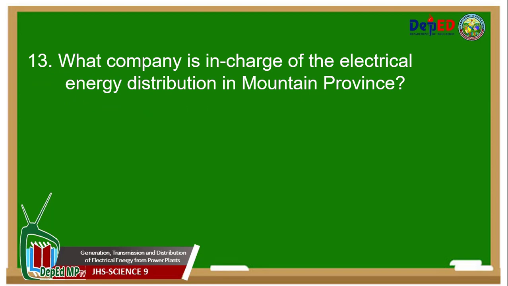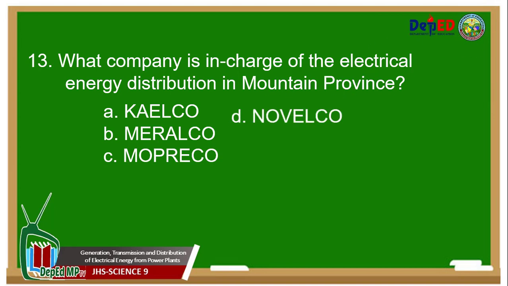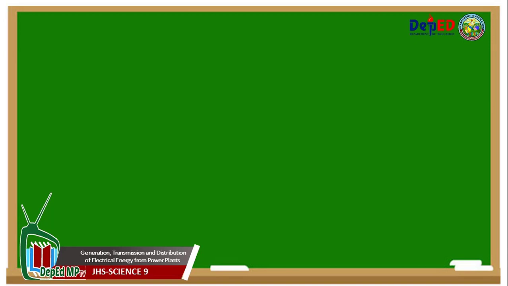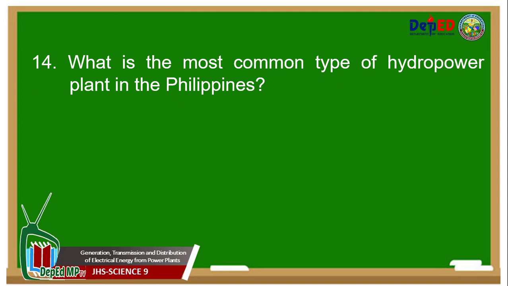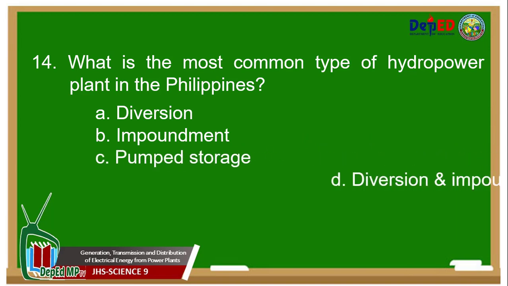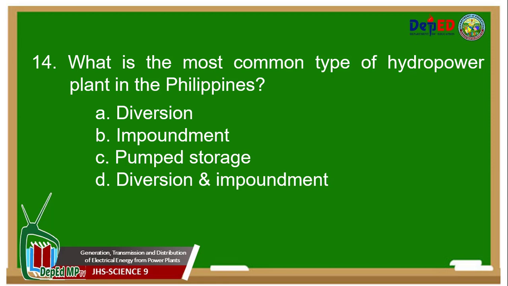What company is in charge of the electrical energy distribution in Mountain Province? A. Kayango. B. Meralco. C. Montego. D. Novelco. Number 14. What is the most common type of hydropower plant in the Philippines? A. Diversion. B. Fountain. C. Pump storage. D. Diversion and impoundment.